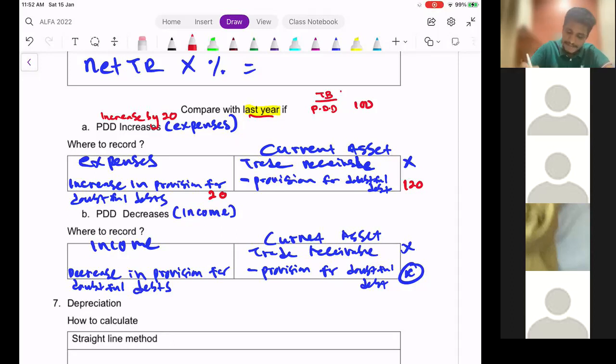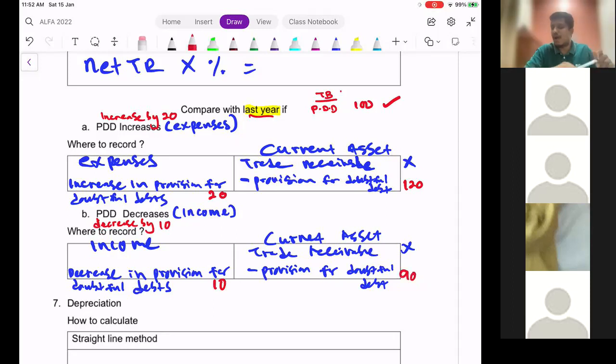Okay, let's say the same example. Your trial balance last year is 100 and it decreased by 10. So in income, you write 10. In your provision for doubtful debt in the current asset, you write 90.